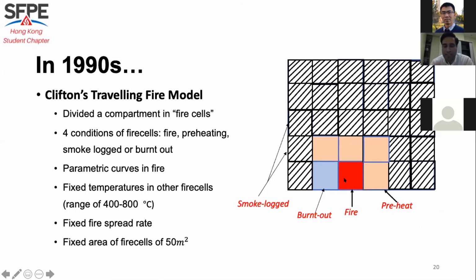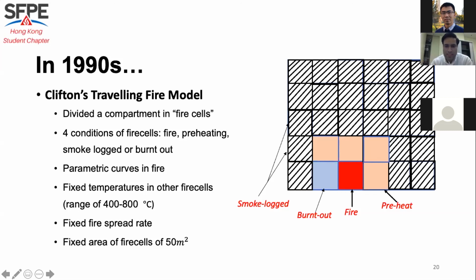He suggests that each fire cell at one moment can be in one condition: flaming, or already burnt out and in the cooling state, or nearby the fire where the fuel is in a preheat state. He calls these preheat fire cells, and the others, which only have an accumulation of smoke, smoke-logged fire cells.